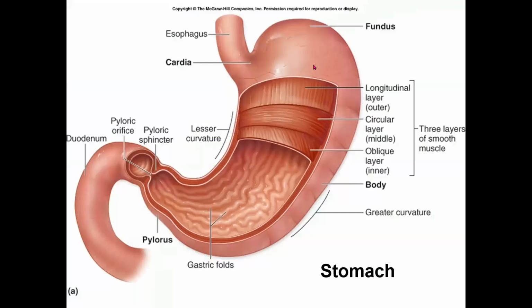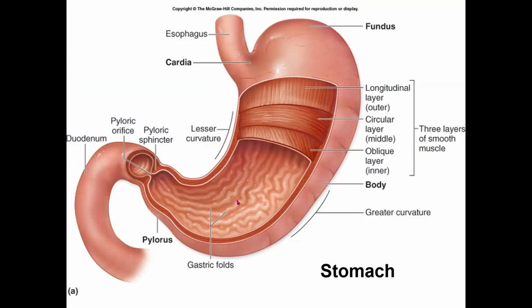So here's a very good diagram of the stomach. This is the cardiac sphincter here. Here's a cutaway of the sphincter, so it's circular there. You can see here the 3 layers of muscles, the longitudinal, the circular, and the oblique. And inside, you've got these folds.